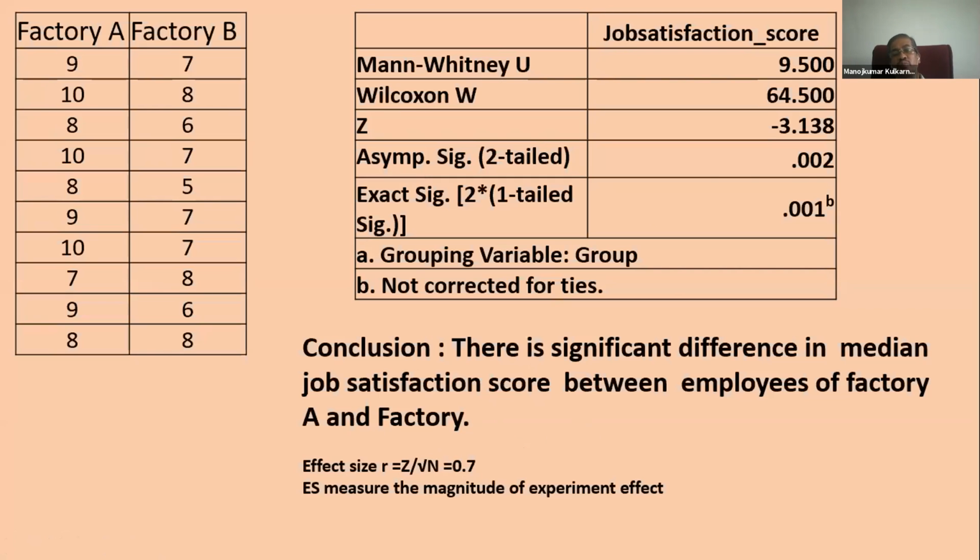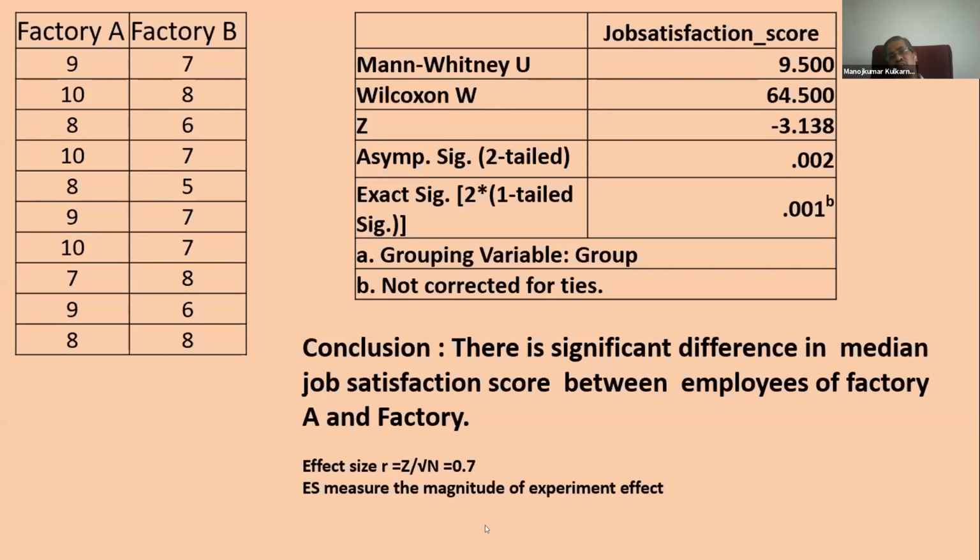If the R value lies between 0.2 and 0.5, a moderate correlation or moderate effect is there. If the R value is greater than 0.5, then there is a strong intervention effect. So based on this R value, we can draw conclusions about the effectiveness of the intervention or experimental material we are undertaking. This is very useful in the case of experimental studies. Only finding the P value is not the end.